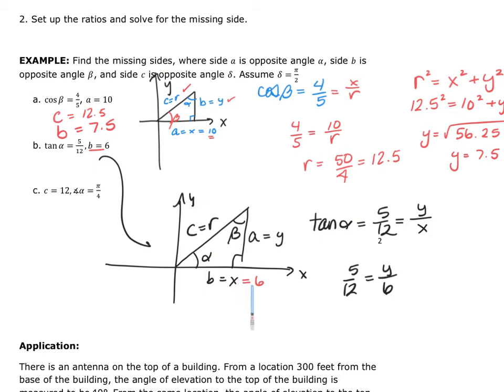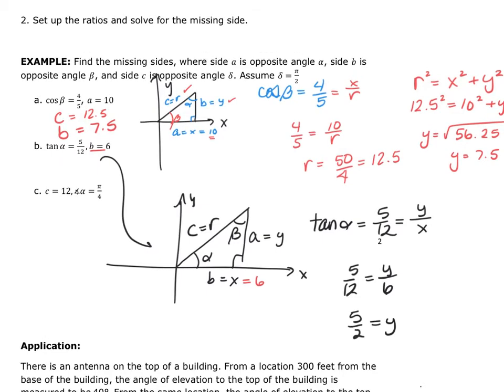I'm trying to find my r and my y, and as before, I set it up with the fact that I have the ratio between y and x as 5 over 12. And I have the x, so when I set this up, I can solve for y. I'm going to multiply both sides by 6. So I get 30 divided by 12. So in other words, I get 5 over 2 is equal to y.